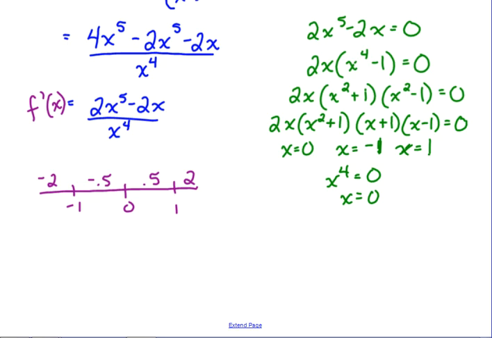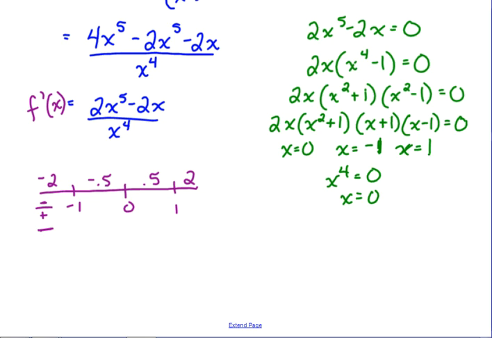So when I plug in negative 2, and I raise that to the fifth power, that's going to give me a pretty big negative number, specifically, negative 32. And I multiply that by 2, so I get negative 64. And then I'm adding 4 to that. That's going to be negative. The denominator, negative 2 to the fourth, is positive, so I am negative until I get to negative 1.